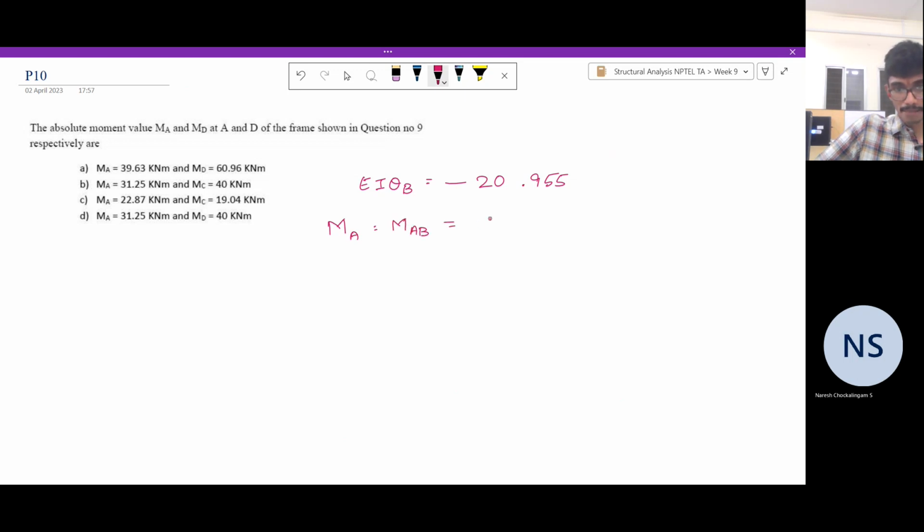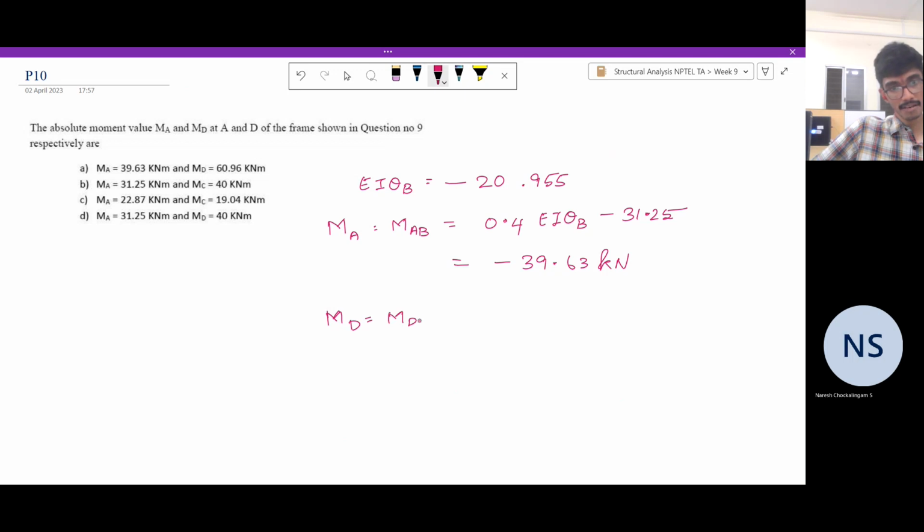But what is MAB? MAB is 0.4 EI theta B minus 31.25. So just substitute into this, we get MAB is minus 39.63 kilonewtons.